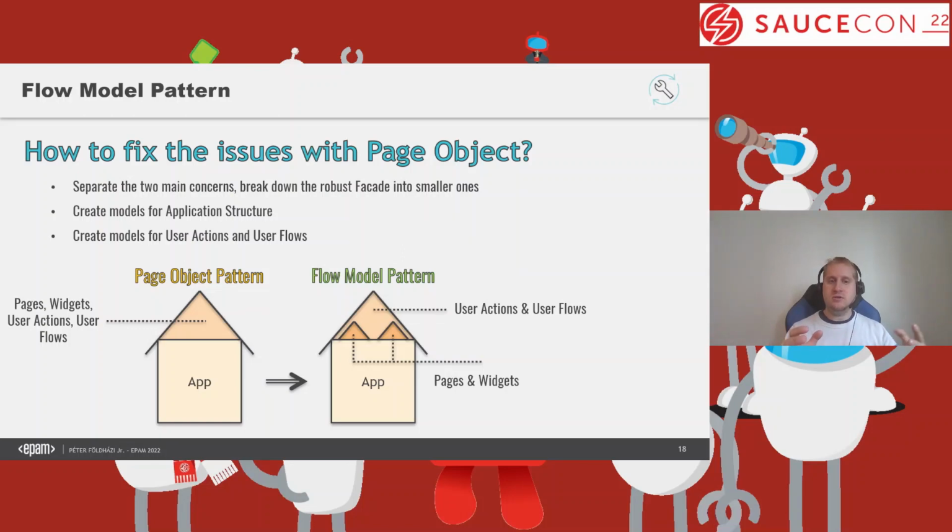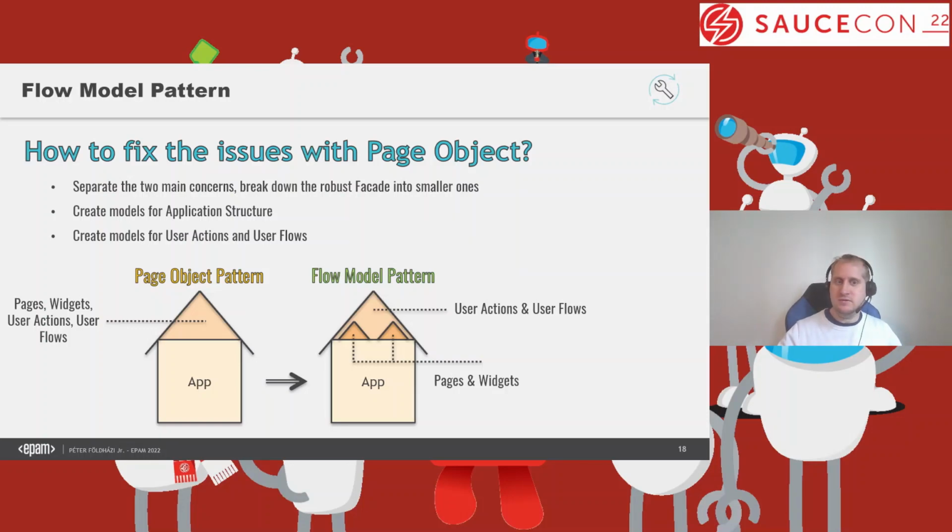Basically, in each of the models, you are storing all of these. Instead of slicing them up, just like in the flow model pattern, you have basically a facet over facet. So how does it look? You have page and widget models, and above them, as another layer or facet, you find the user flows that store all the user actions and user flows.